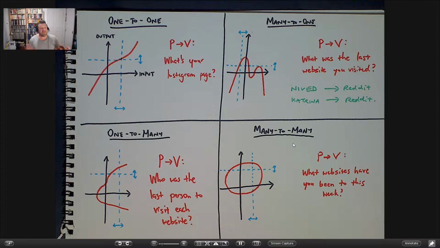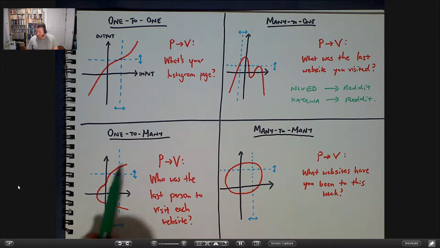What would a one-to-many relationship look like for this abstract set? Something like, who was the last person to visit such and such website? So that's a different sort of question, because while each website can only come up once now, so that's like our Y value, each Y value along this graph here only comes up once, but the same X value, the same person, might come up multiple times.